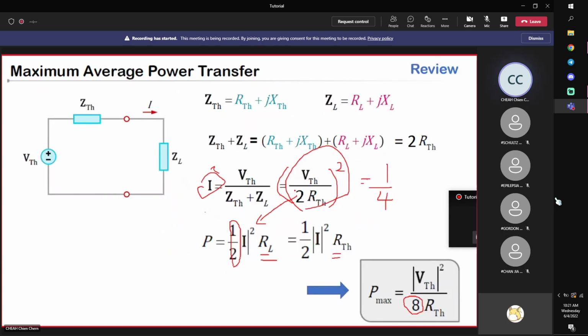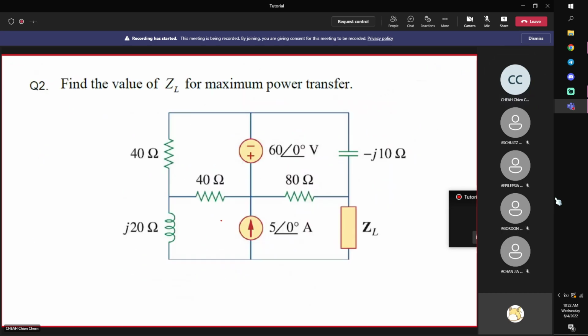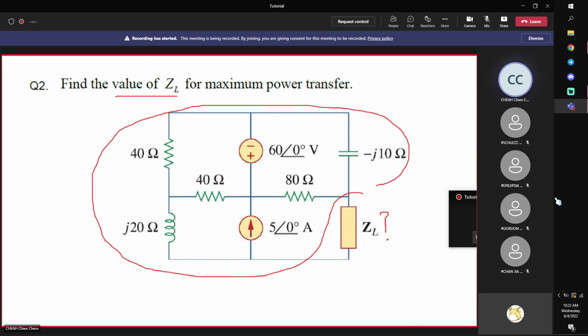Which means that to find the maximum power, you need to find VTH and RTH. The next question actually is not to find the maximum power. Take note, it is to find the value of your load. Design this load so that maximum power can be drawn from the remaining circuit.